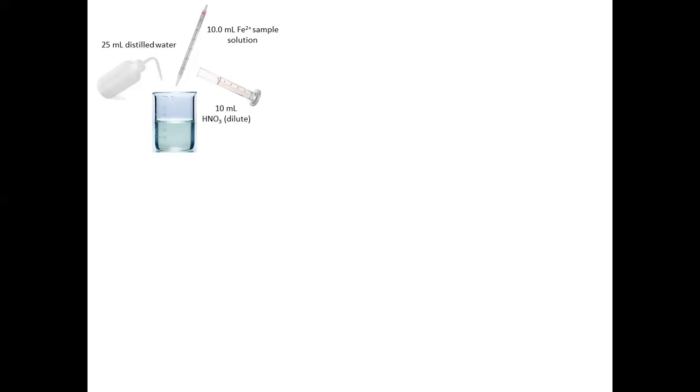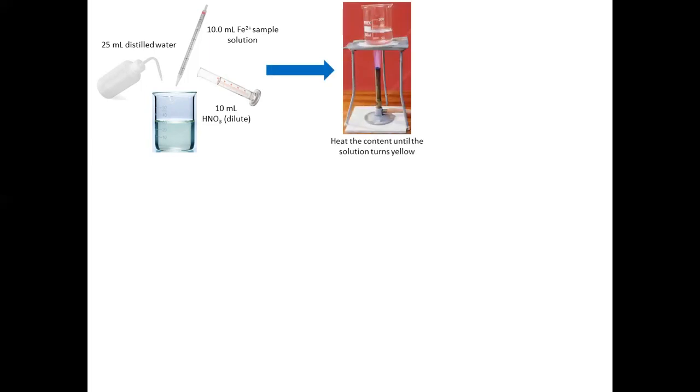So here, nitric acid, HNO3, is used as an oxidizing agent to convert Fe+2 ferrous ion into Fe+3 ferric ion. Now heat the content of the beaker until the solution present in the beaker turns yellow.